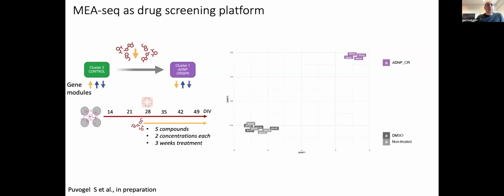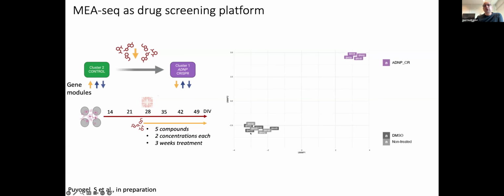And we selected 5 compounds, at different concentrations. And the way we do these experiments is that we ask, as a proof of concept, can we go from a control condition to a disease condition using our algorithm and our approach?